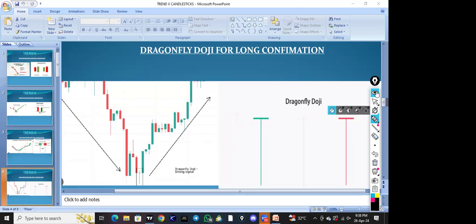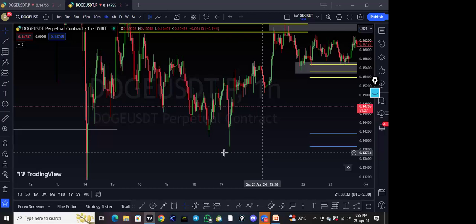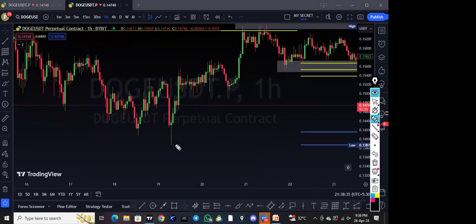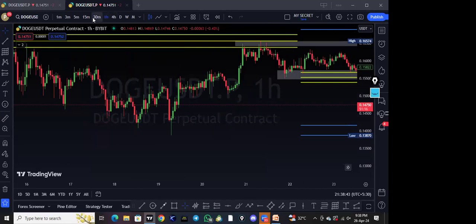You'll get many in big time frames. Somewhere here you can see this. Usually you'll see it in big time frames, 1 hour, 4 hour, 30 minutes. In those time frames, we can see this type of candle.